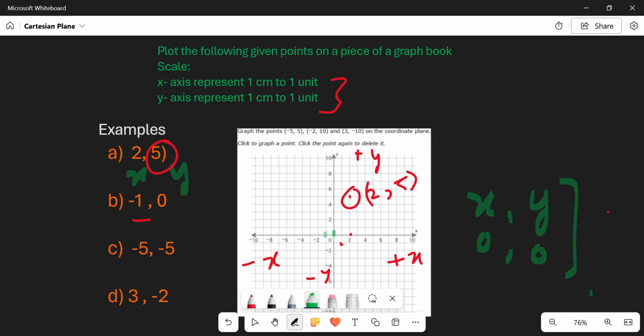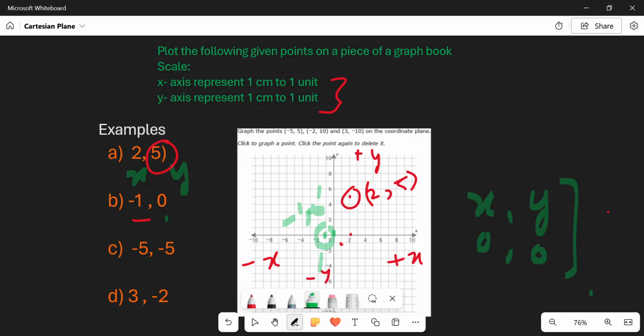It says 0, which means you need to stay there. Wherever you are on the x-axis, at -1, you stay there. You are not supposed to go to the positive side or the negative side. So your marked point is -1 and 0.